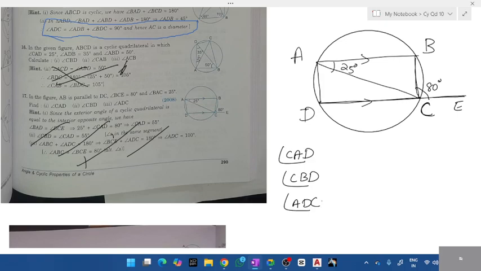Try this, students. First, apply cyclic, parallel lines. Exterior angle is given. Exterior angle of a quadrilateral is given.